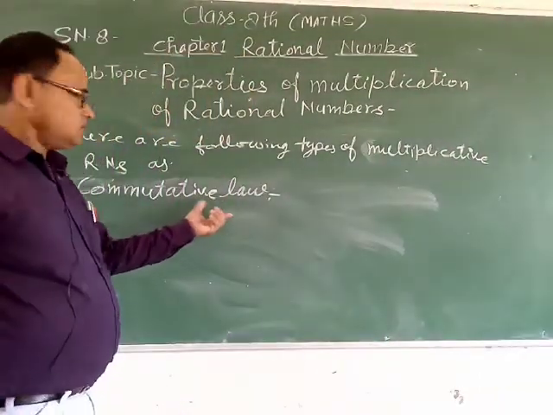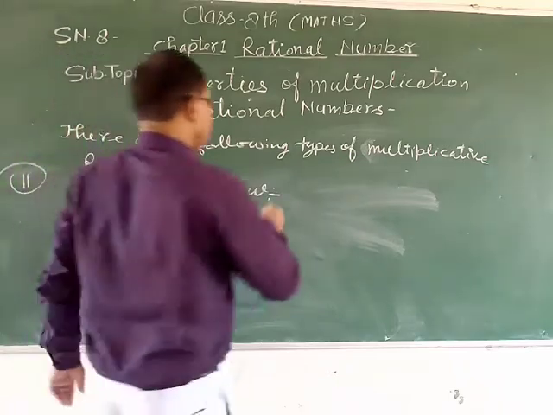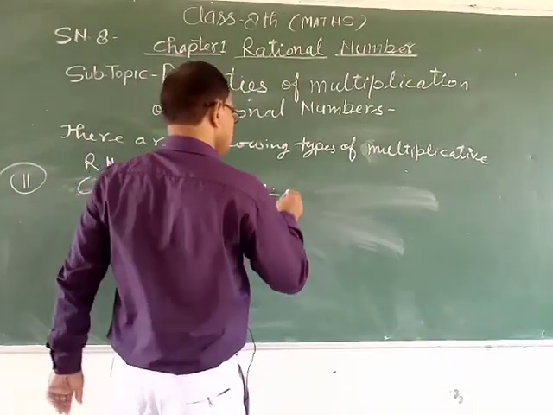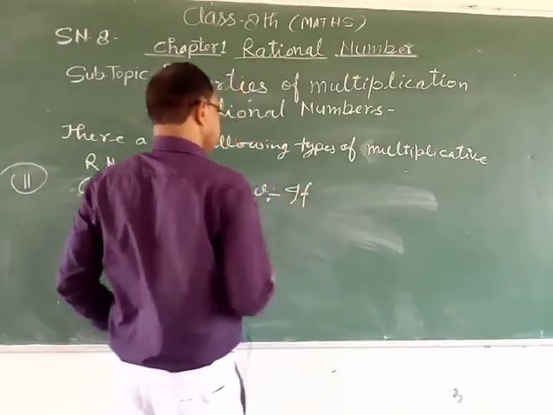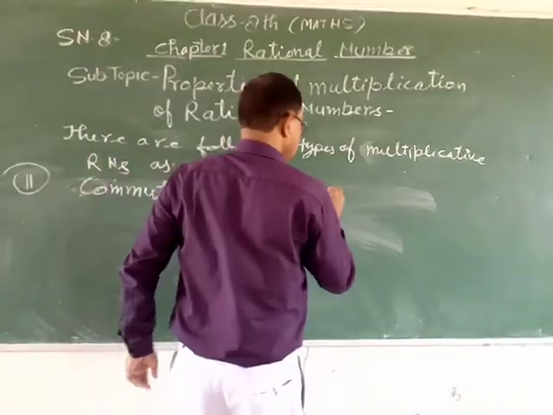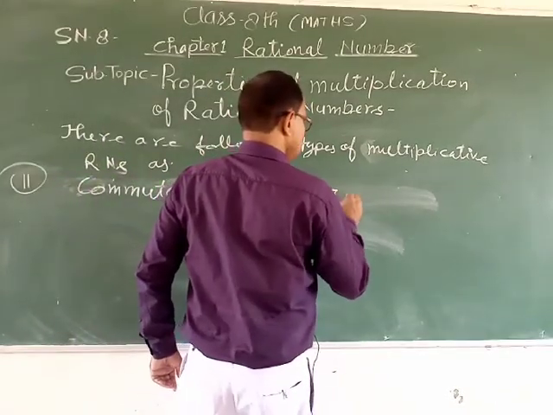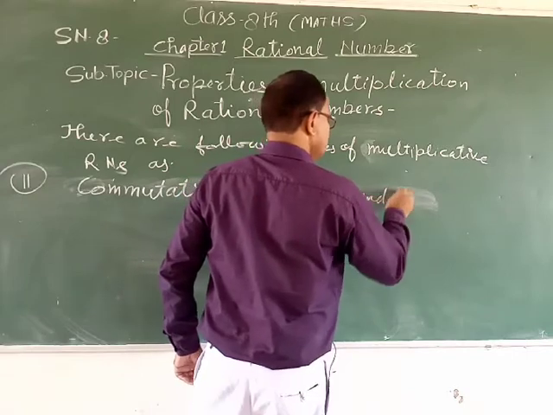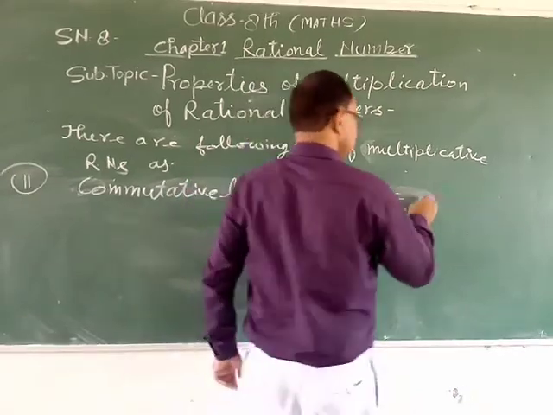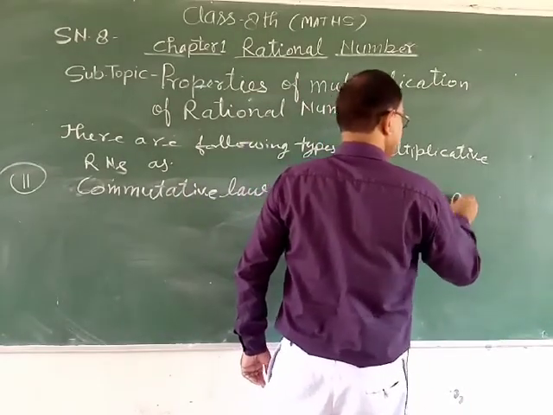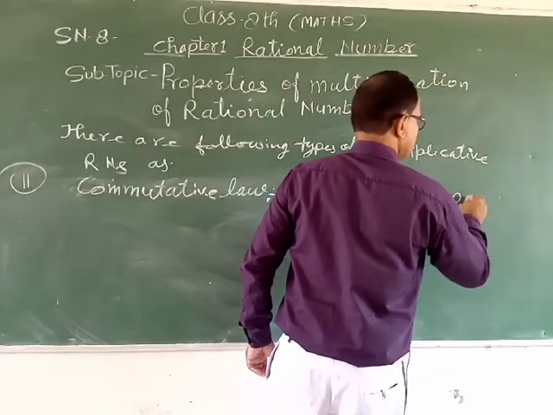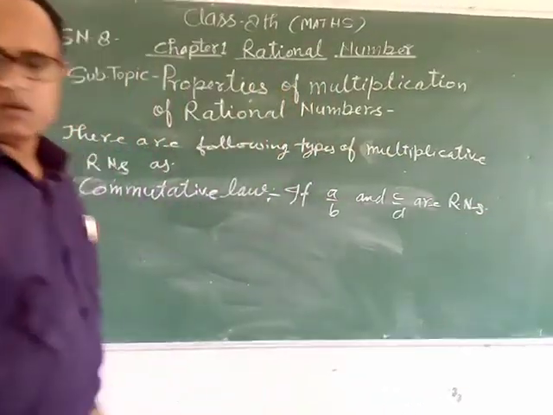Law means rule. Commutative law in multiplication: if A by B and C by D are rational numbers, okay student?